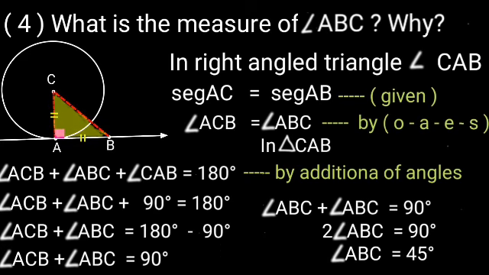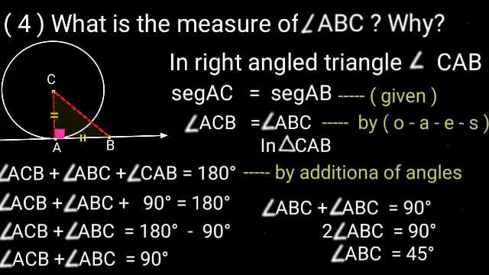Hence, angle ACB plus angle ABC plus 90 is equal to 180. Then we get angle ACB plus angle ABC is equal to 180 degrees minus 90 degrees. Thus, angle ACB plus angle ABC is equal to 90 degrees.